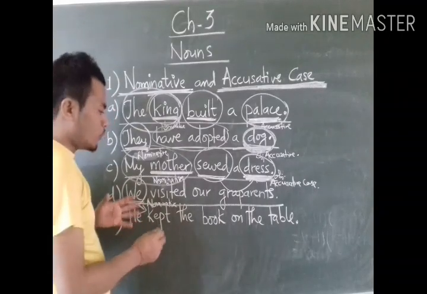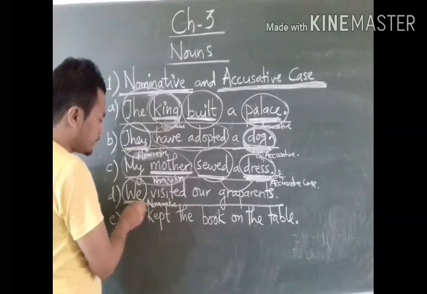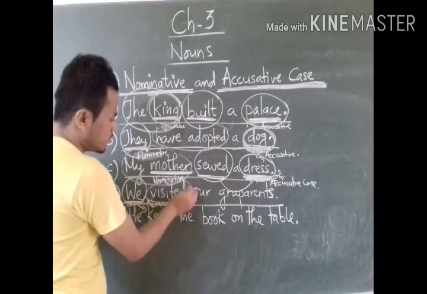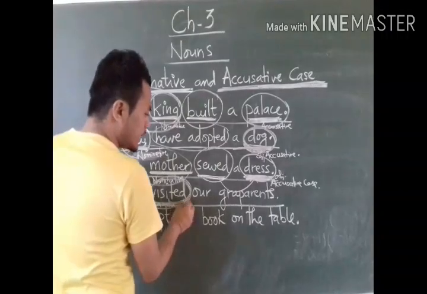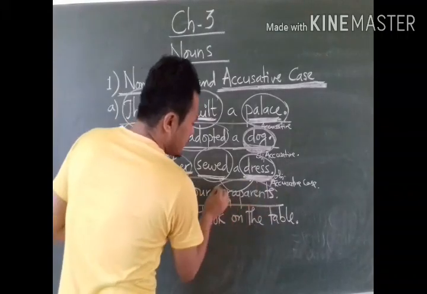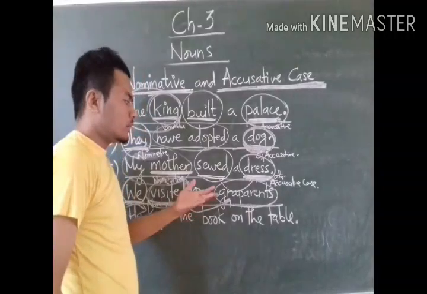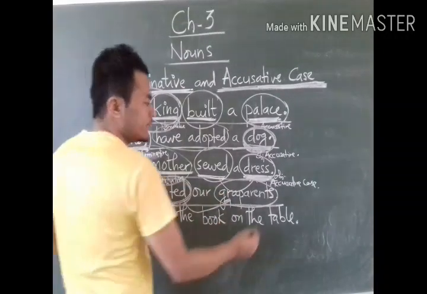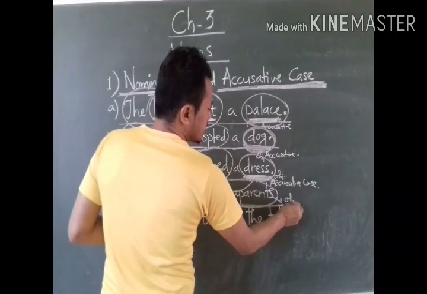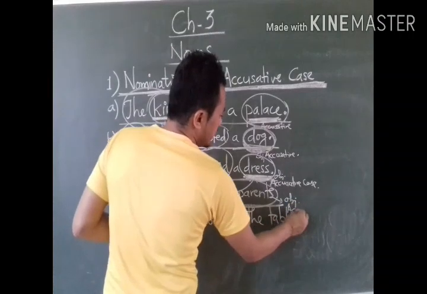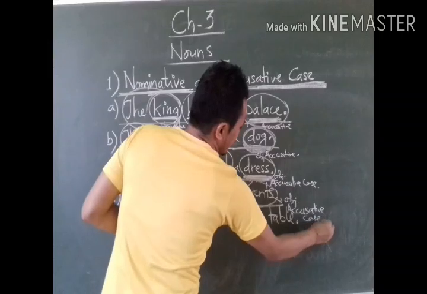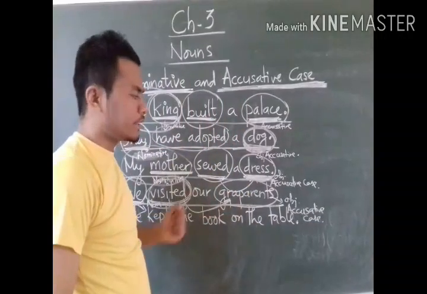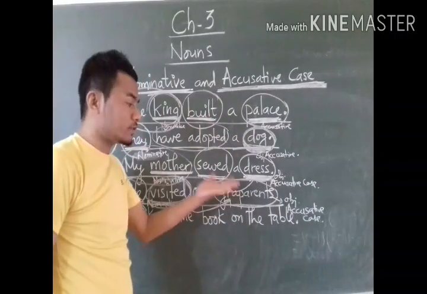Now, what is the action being done by the subject we here? Visited. So the action of visiting is reflected to whom? Grandparents. Grandparents is also a noun here, but it is used as an object, so it is in accusative case.